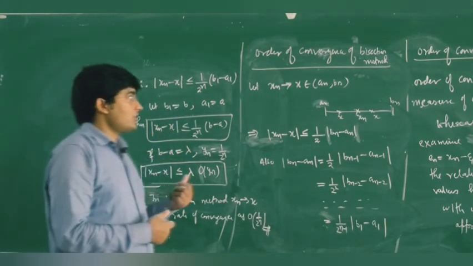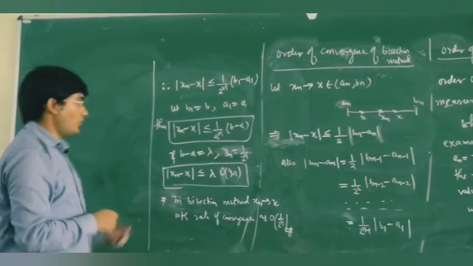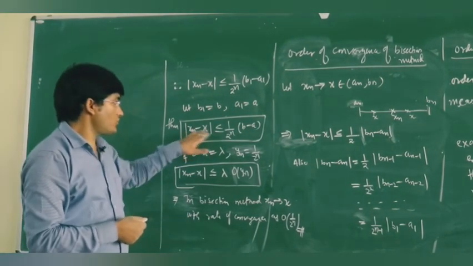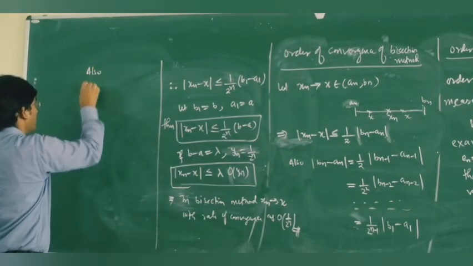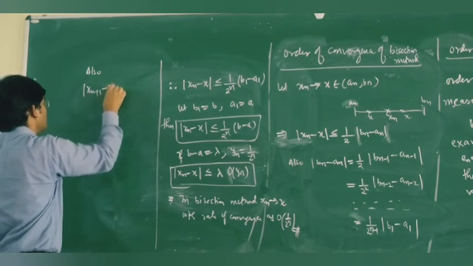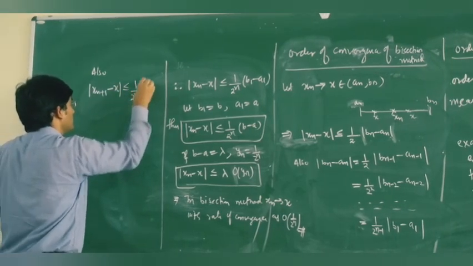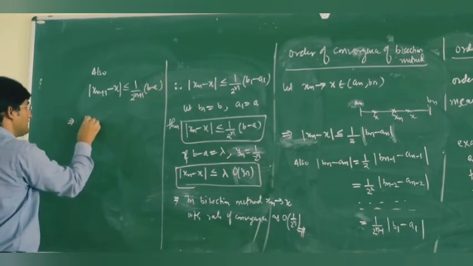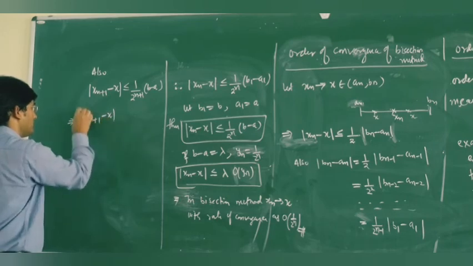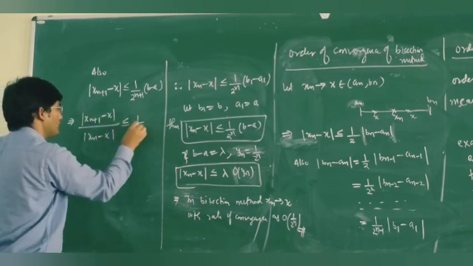Now let us discuss the order of convergence. For the nth iteration we have this condition. Also for xn plus 1 minus x we will have 1 by 2 power n plus 1 (b minus a). So this implies that |xn plus 1 minus x| divided by |xn minus x| is less than or equal to 1 by 2.